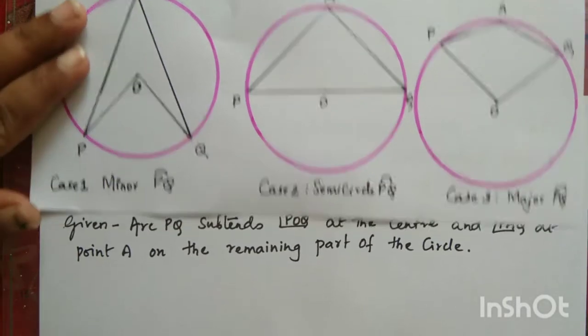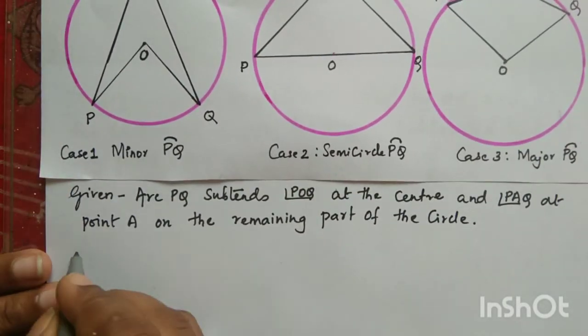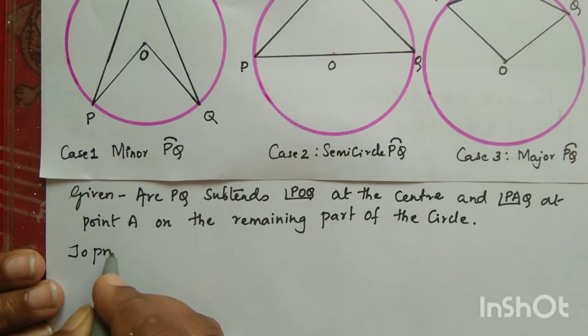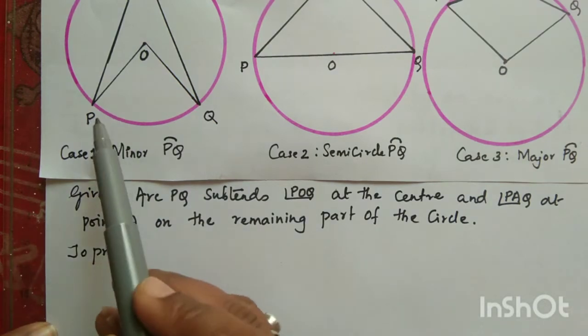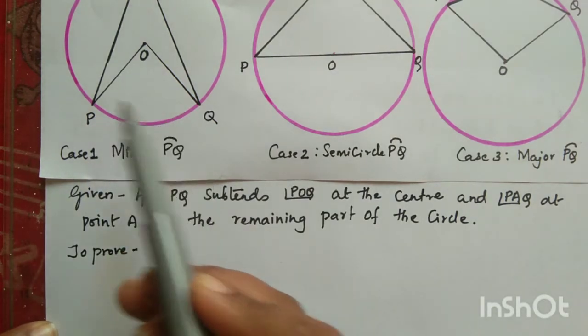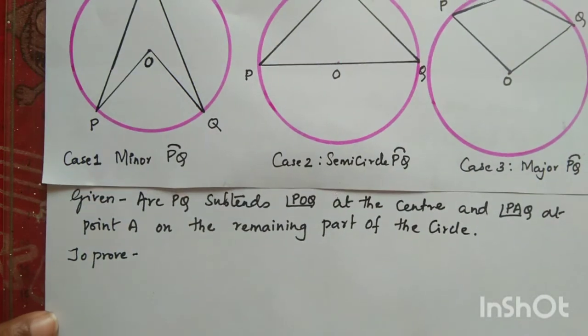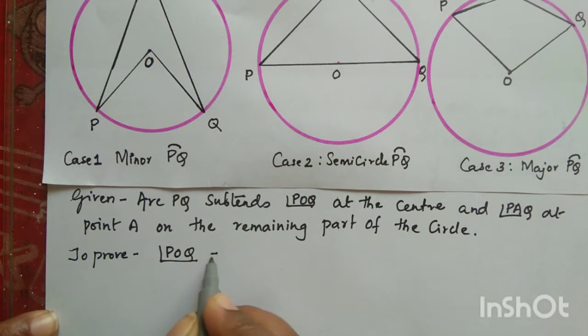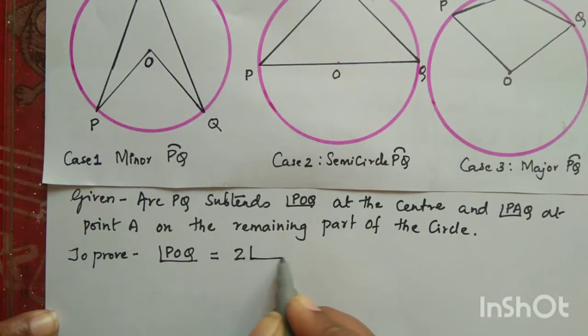Next, to prove, we need to prove that angle POQ is double the angle PAQ.